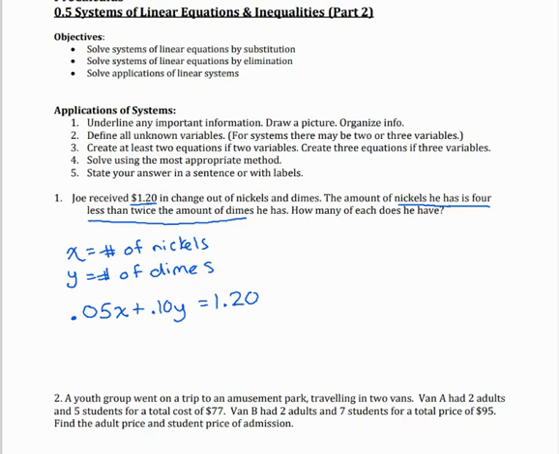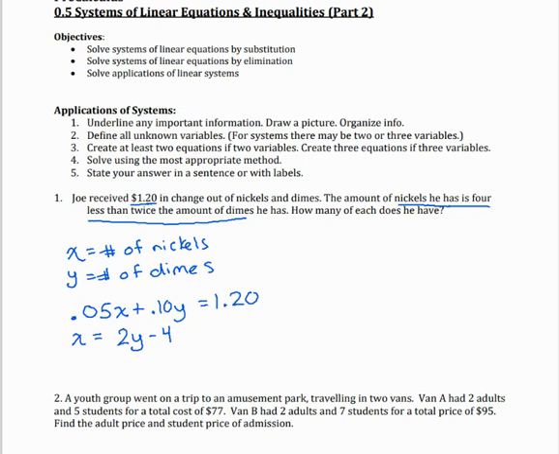Okay? Our second equation will deal with the other underlined part, the amount of nickels he has. So X equals 4 less than twice the dimes. So 4 less than twice the dimes means 2y minus 4. Now I have my 2 equations, so I can go ahead and solve.